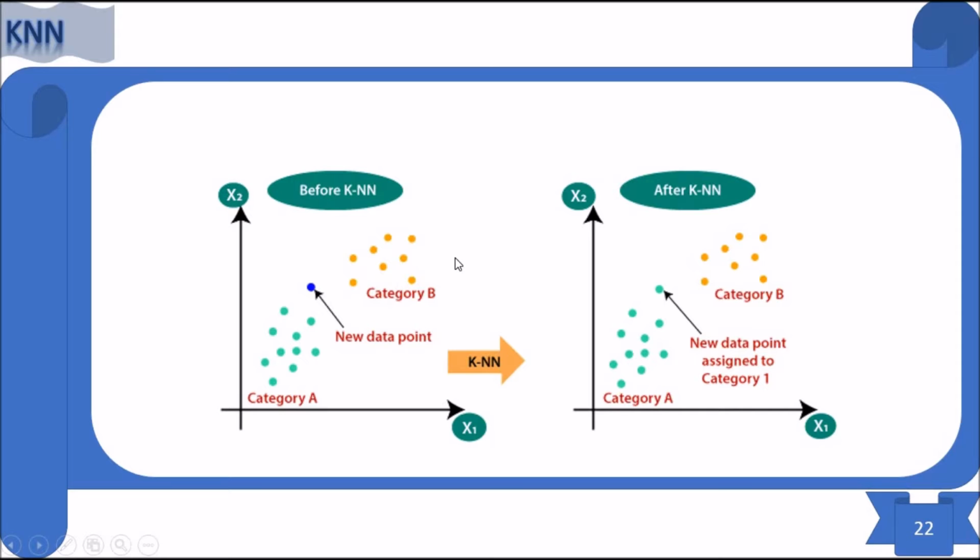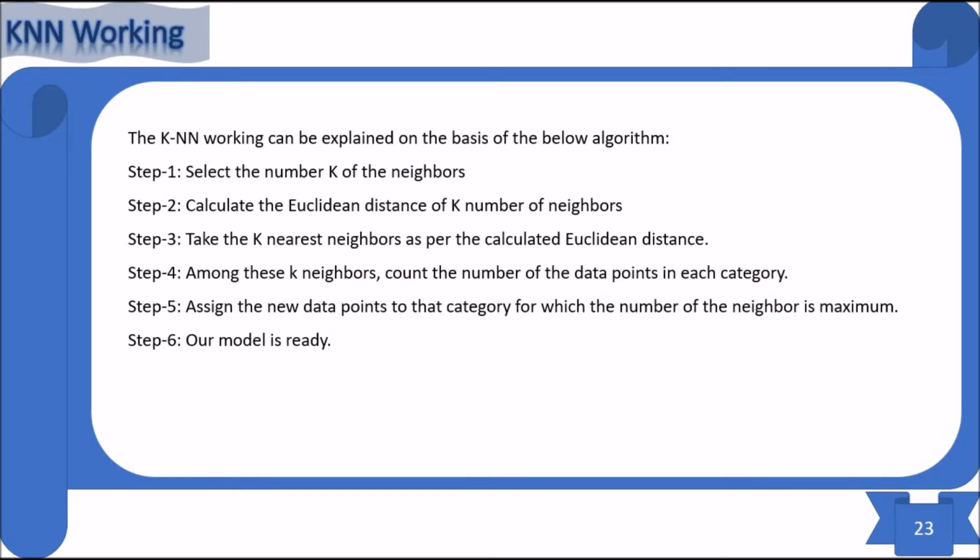So by considering this diagram, we'll see the steps of how KNN works. KNN can be explained on the basis of this algorithm. You have to select the number k of the neighbors, then calculate the Euclidean distance of the k neighbors, then take the k nearest neighbors as per the calculated Euclidean distance.